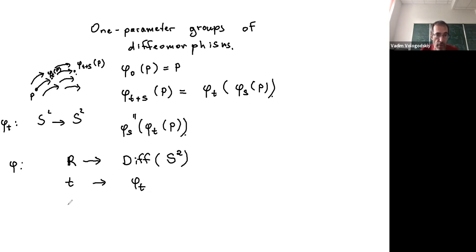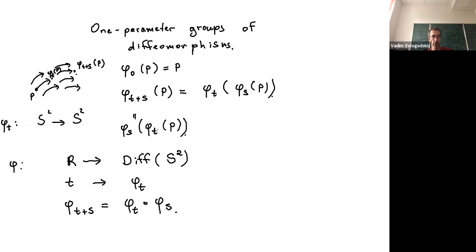saying that it's a homomorphism of groups is equivalent to saying that phi sub t plus s is equal to the composition of phi sub t and phi sub s. And of course, t and s can be interchanged here.